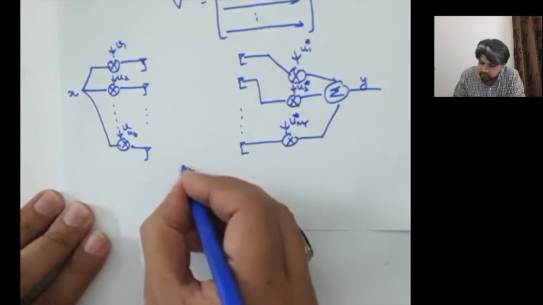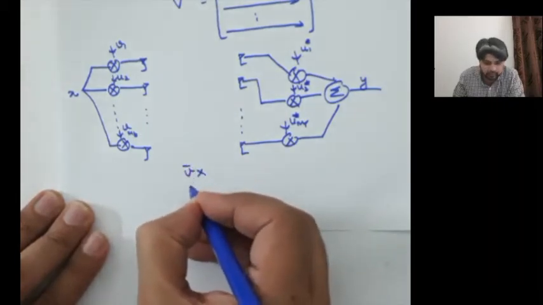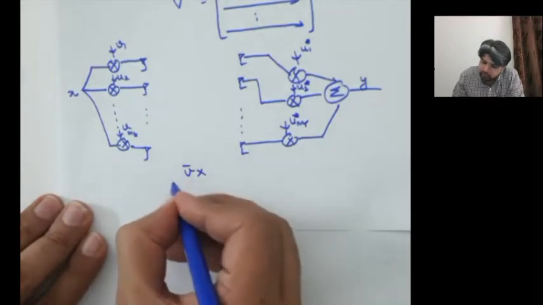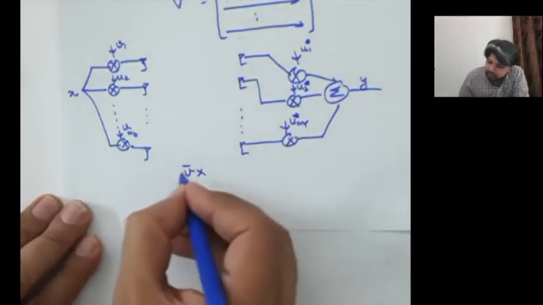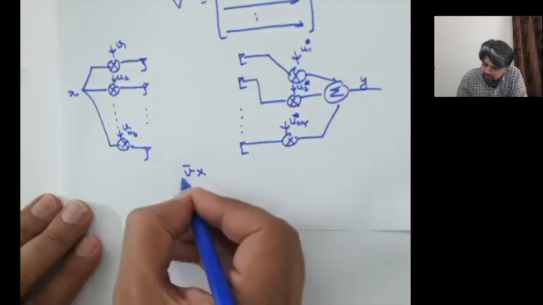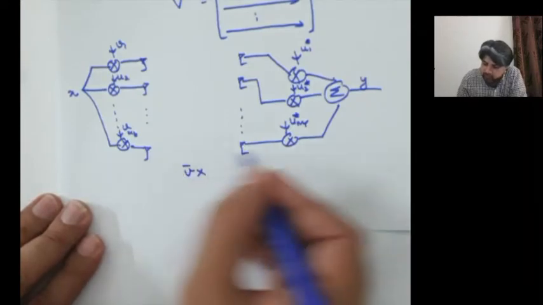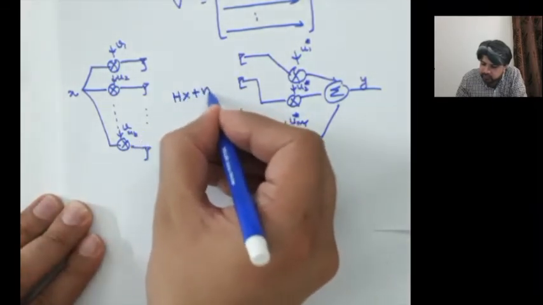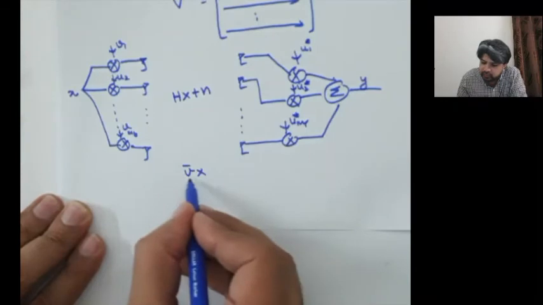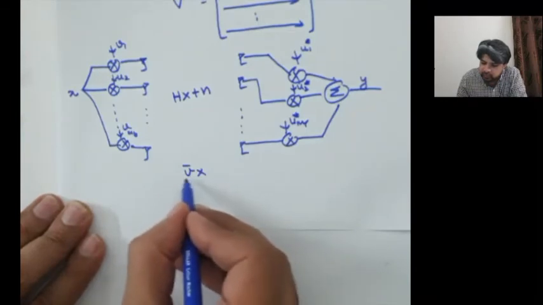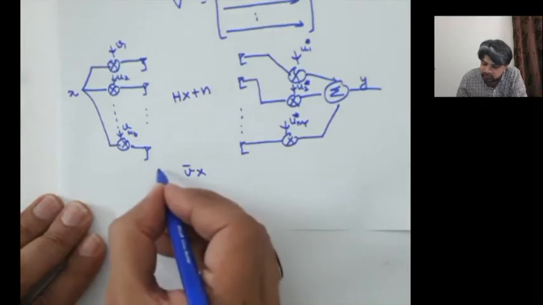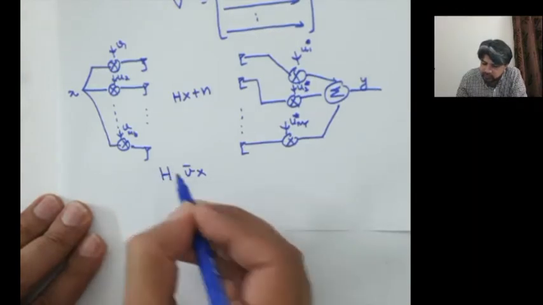So V vector times X, your X is a scalar quantity, and then that goes into the channel. Remember, your system model is Hx plus n. So this would be emitted into the channel, V times x. So this gets multiplied with H, right?